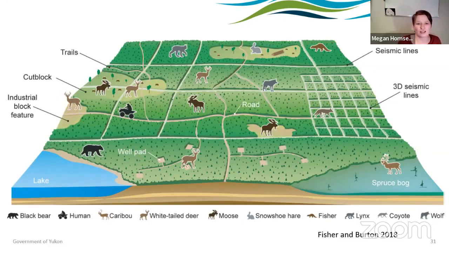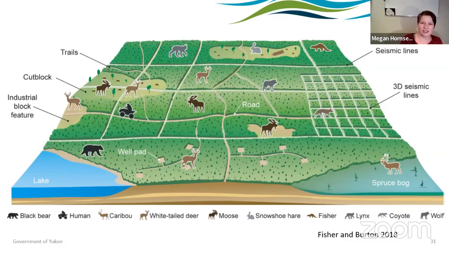And so really, what we see from some of these different studies are that animals, especially wolves, when there's roads or other linear features like seismic lines or trails around, they move faster and farther than they would if there weren't those roads there. Just as you can think about how we move faster and further when there's roads versus when you're going through the bush.